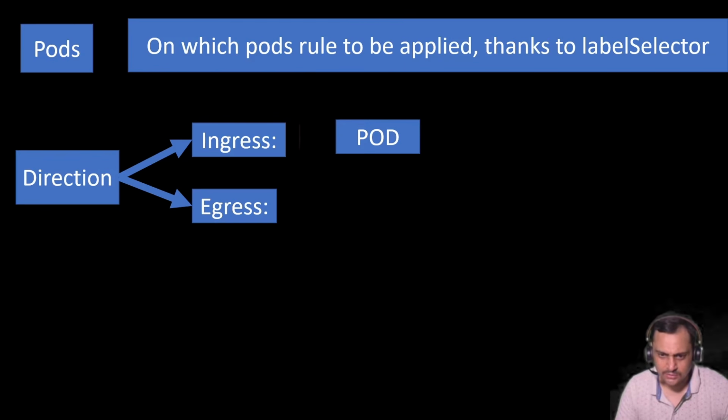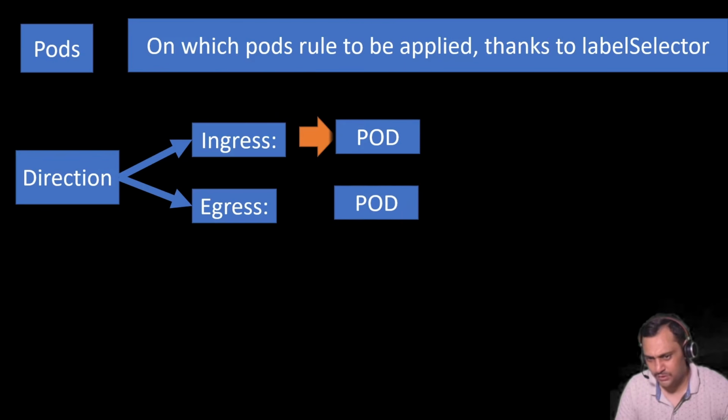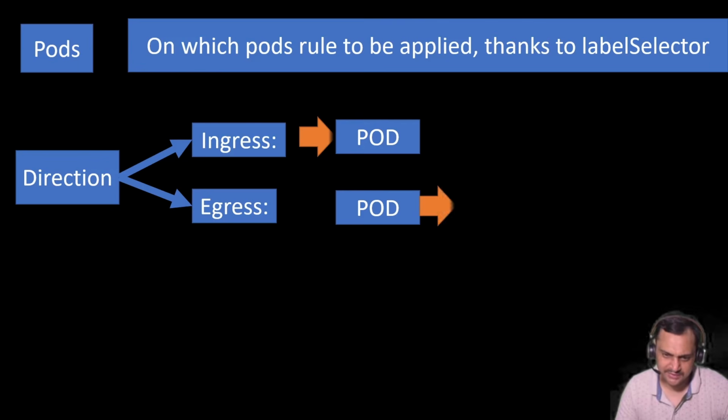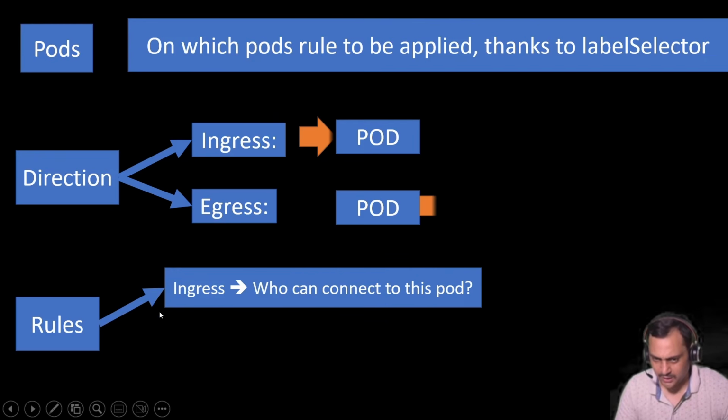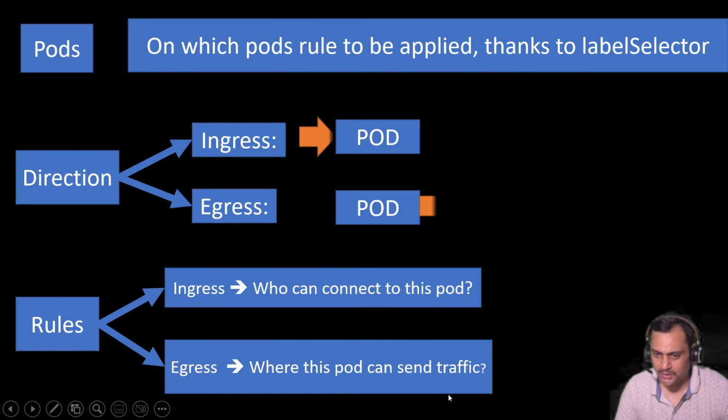These are the pods for outgoing traffic. And the last one is rule. What rule are we going to create? Ingress, who can connect to these pods, and for egress, where this pod can send traffic.